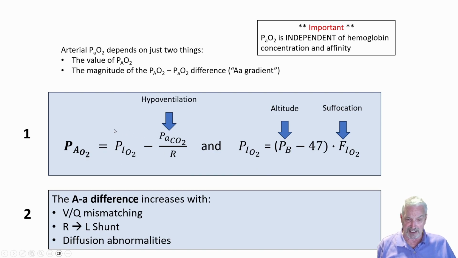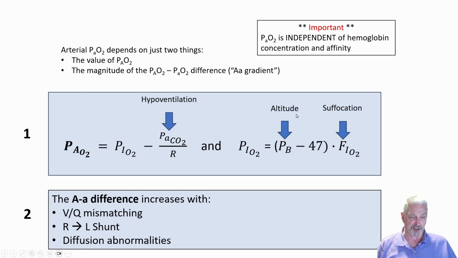So let's look at the PiO2 term again. That was Pb minus 47, an expression for dry barometric pressure, and FiO2, the fraction of the dry air that contains oxygen. So if we look at this all together, PAO2 depends on several things.